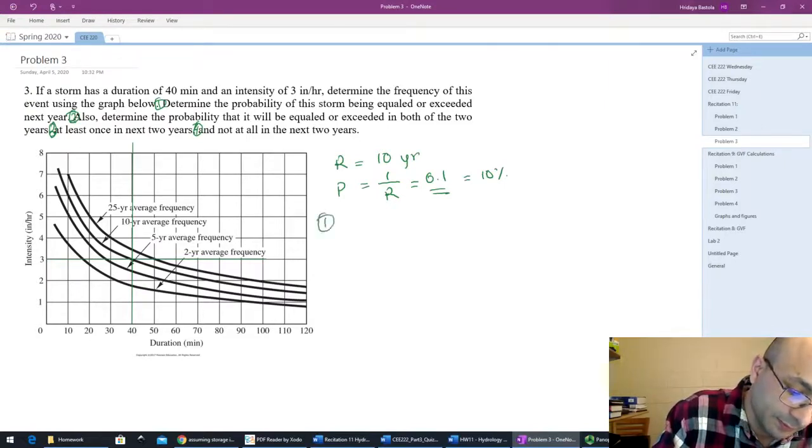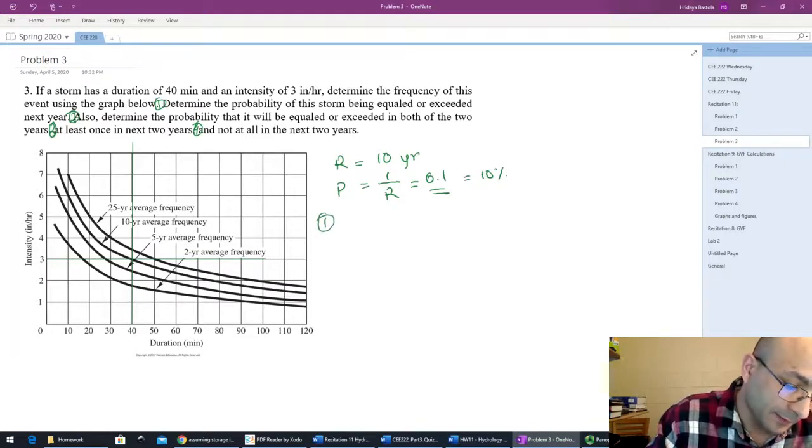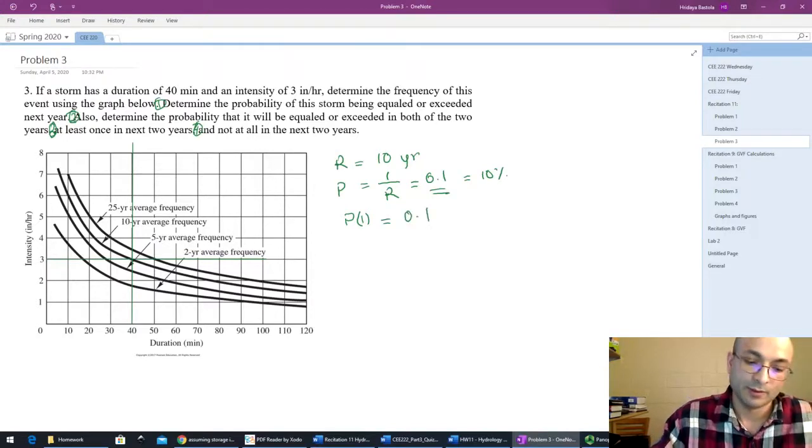So for the first part, the answer is just going to be the p-value we just calculated. So let me just do that. P1 equals 0.1.